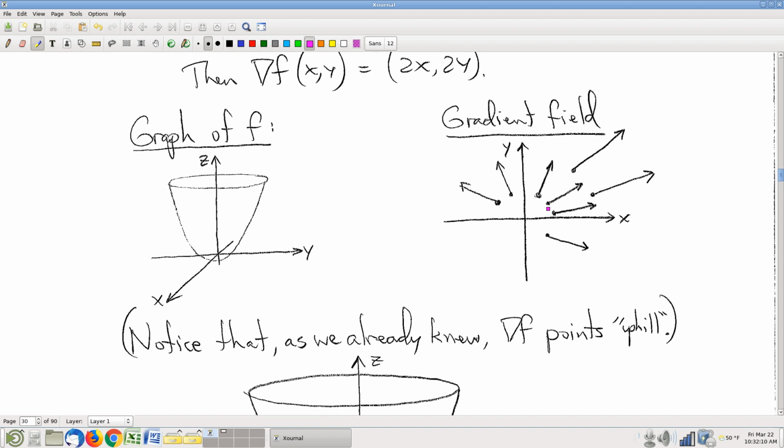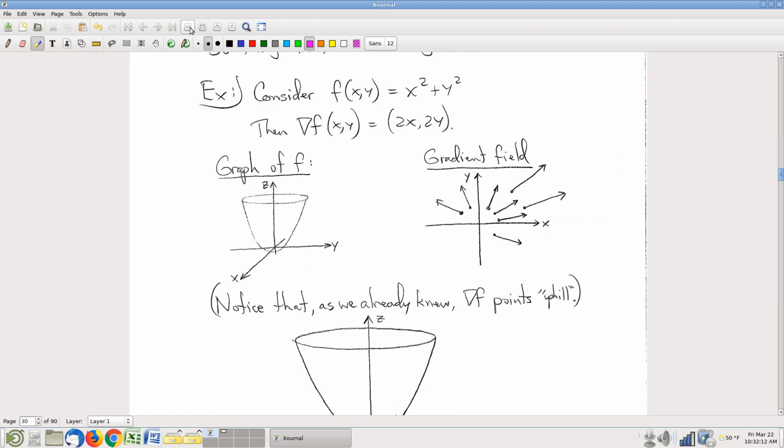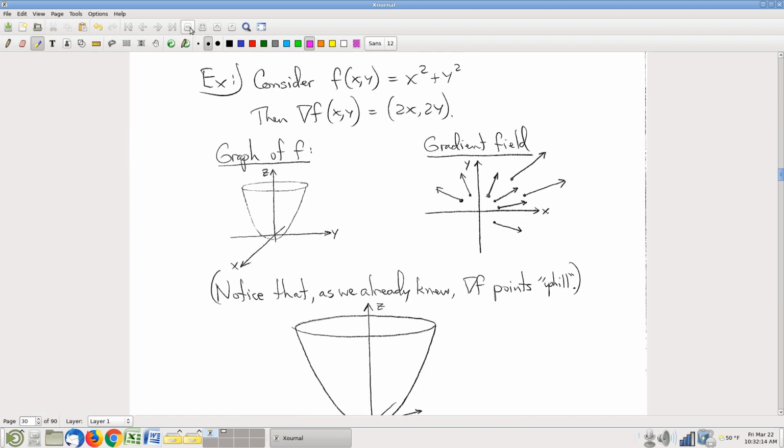So here is an explicit example, and I'm going to zoom out so it'll all fit. Looking at this function, there's our real valued, notice, single output value. So a real valued Chapter 13 style function on R2. Remember the formula for the gradient? A couple of quick partial derivatives.